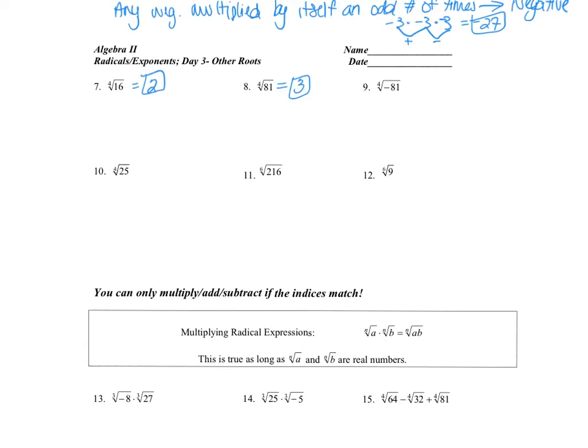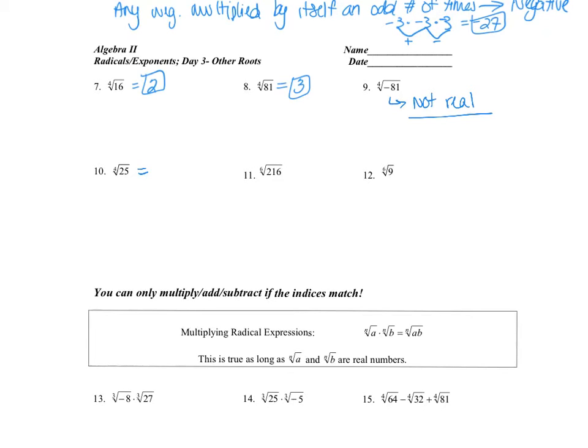So you're looking at your index, you're saying it's an even root. If I'm thinking about simplifying this, I can't simplify this to something real because this would be imaginary. So I'm just going to write not real. Next example, does anything multiplied by itself 4 times give me 25?